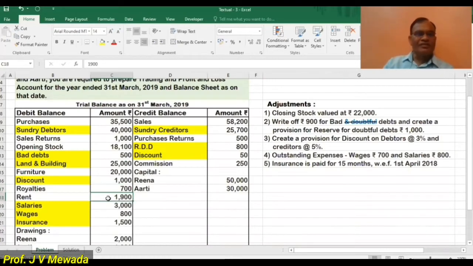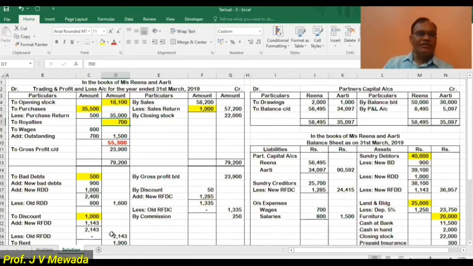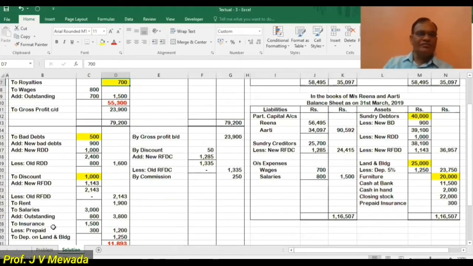Next, we are having rent, profit and loss debit. So rent, profit and loss debit, 1,900.